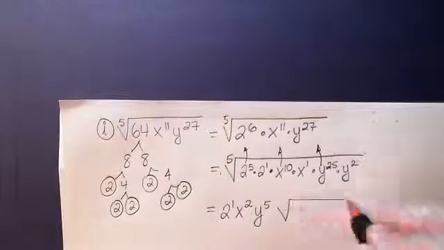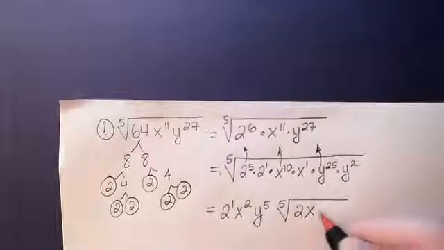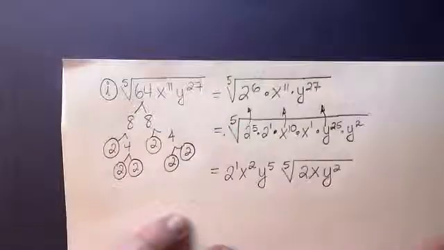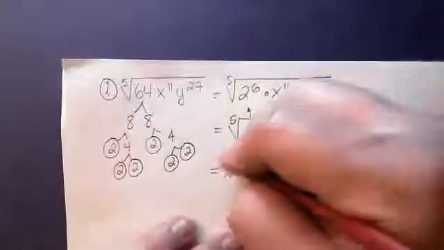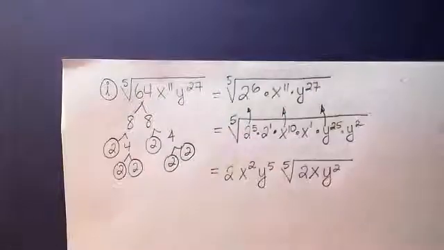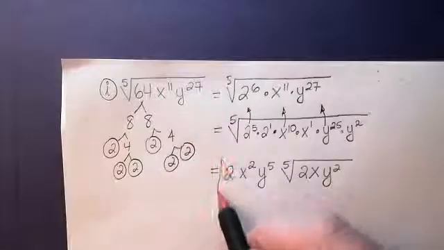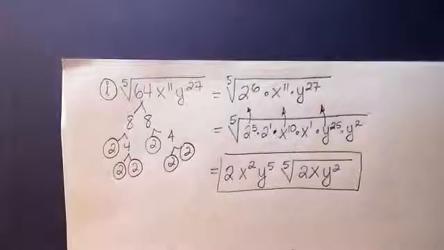And inside the radical, I'm going to have 2x and y squared. So in other words, my answer is, just erase that 1 right there. My final answer is 2x squared y fifth times the fifth root of 2x y squared.